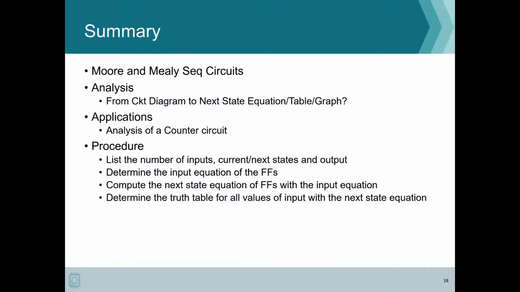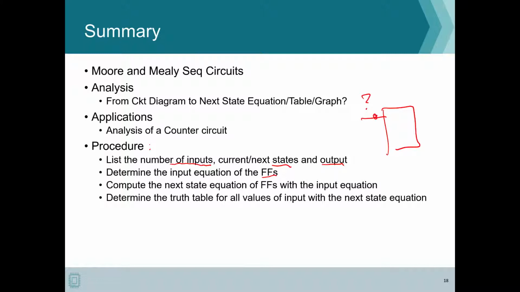We also saw analysis of a counter circuit, and students are required to summarize the procedure to do the analysis of finite state machines. First and foremost, you need to identify your inputs, your state variables and your outputs. Then you determine the input equations for the flip-flop. In other words, if you have a flip-flop, you need to determine the equations at that point.